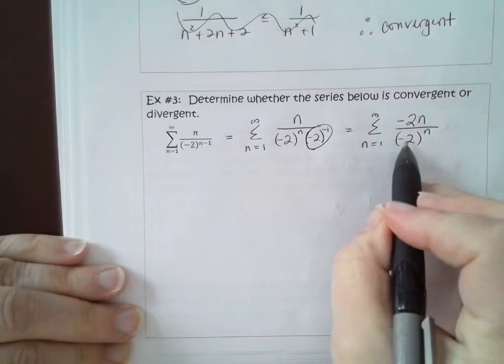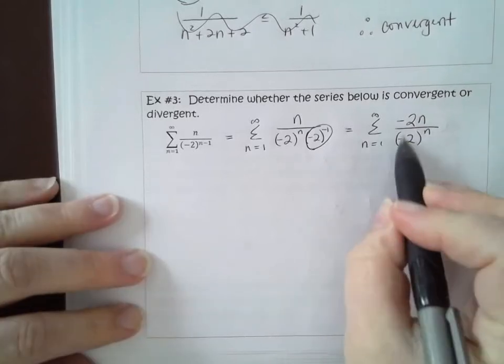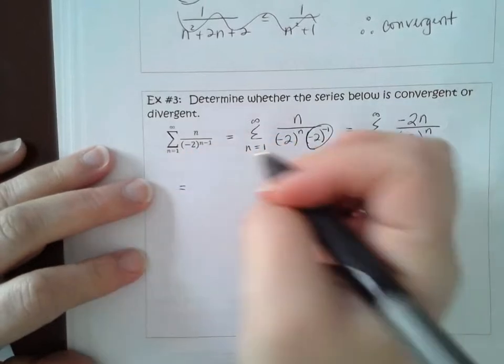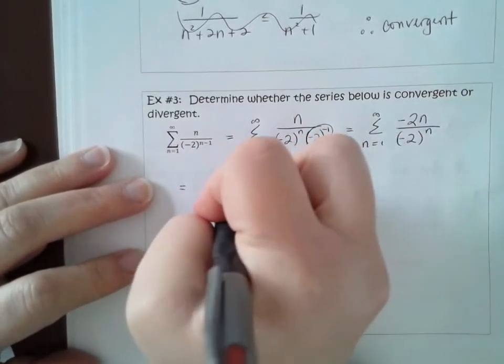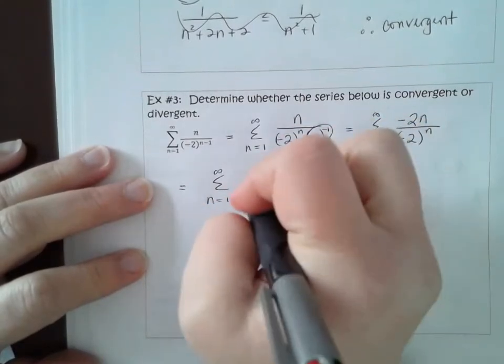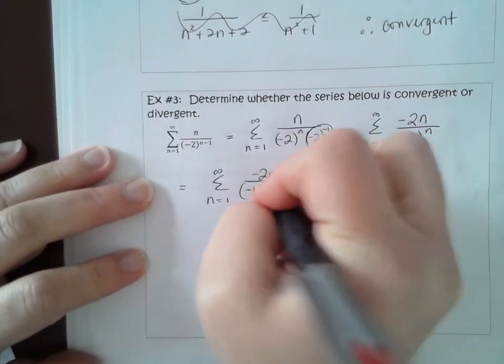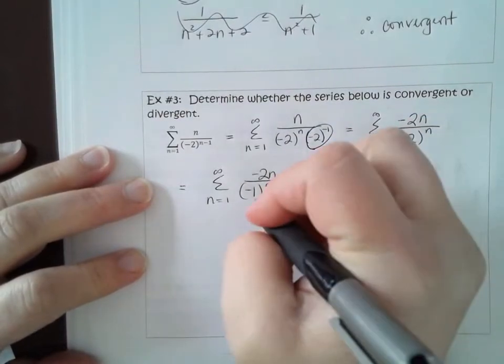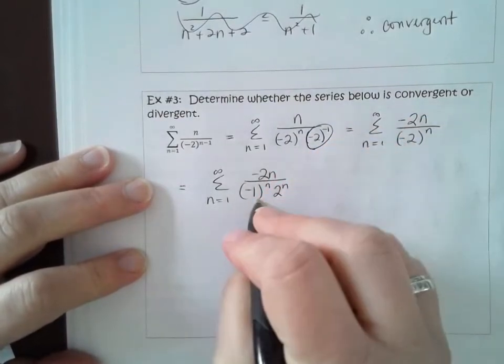And we saw earlier that a negative number in here can be broken up, and in fact, whether or not this is on the bottom, it really doesn't matter.